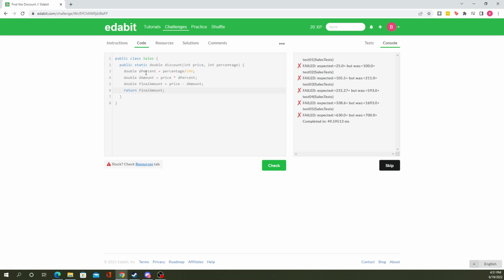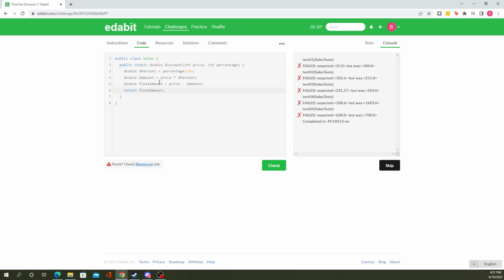Let's say double D percent is 75 divided by 100, or 0.75. And double D amount, which is our discount amount, let's say we got 100 here, times our discount percent of 0.75, perfect, which is equal to 75.